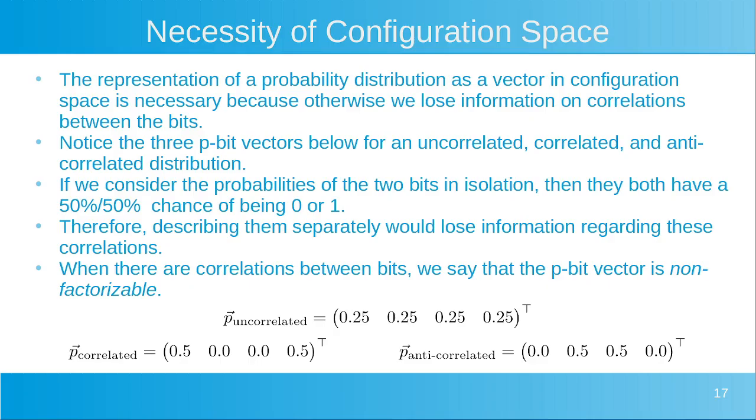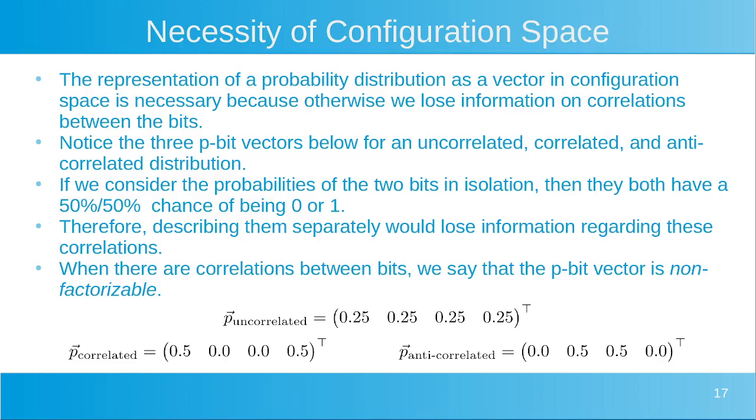In the perfectly uncorrelated case, you can actually factorize it out, because if you have 2 p-bit vectors where the elements are both 0.5, and then you take those p-bit vectors and combine them back together by doing the Kronecker product, then you find that you get this uncorrelated vector. But you can't actually produce the correlated or anti-correlated vector from the Kronecker product of any 2 individual p-bit vectors.